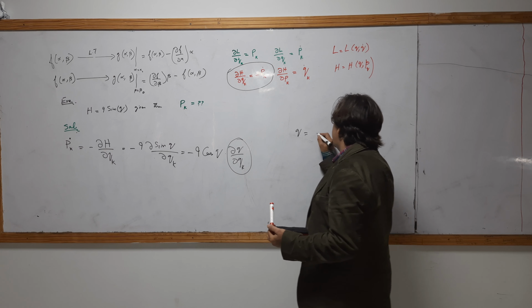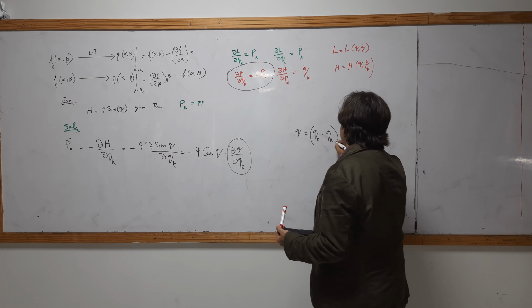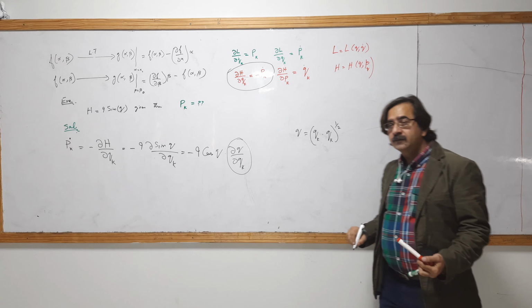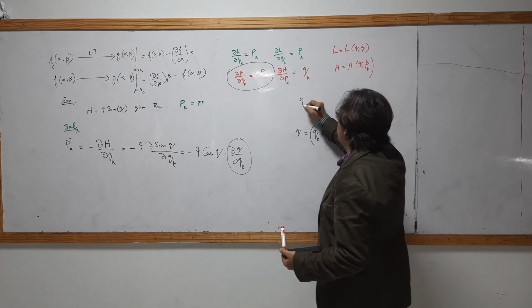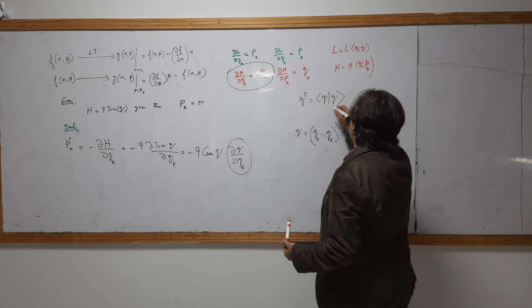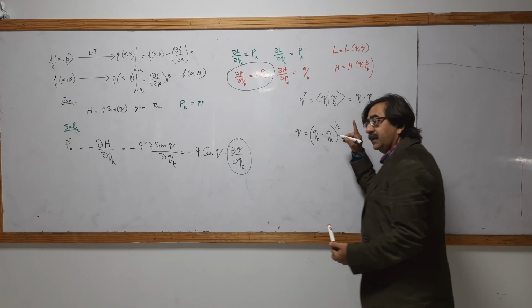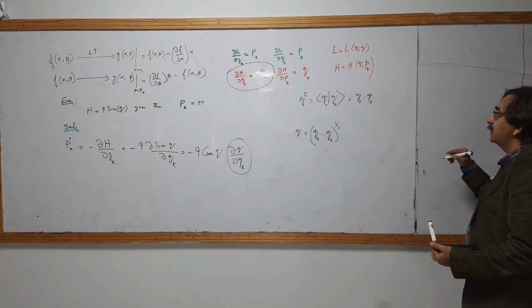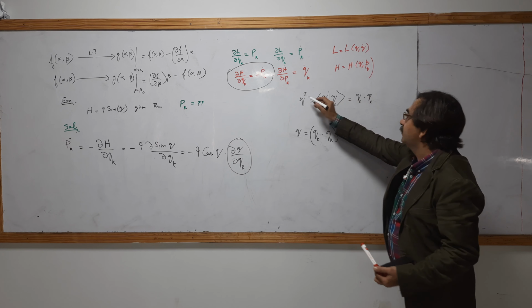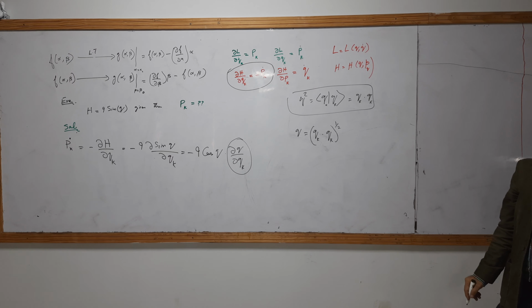We know that Q square is equal to QK dot QK, and for real numbers, that will be equal to this, and now Q will be the square root of this.